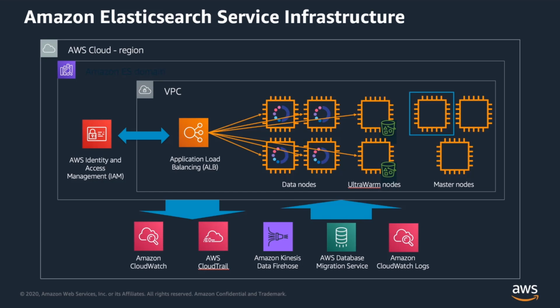So it's much lower cost storage with the trade-off of slightly slower performance or higher latency data retrieval. But beyond that, everything remains the same. Your interface into the system also remains the same as if the data was within your Amazon Elasticsearch service cluster.